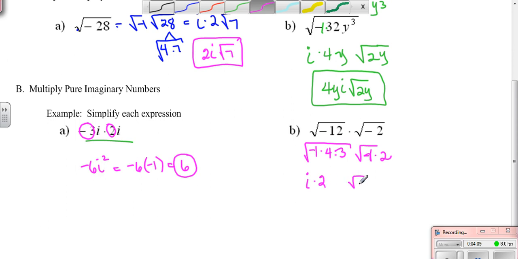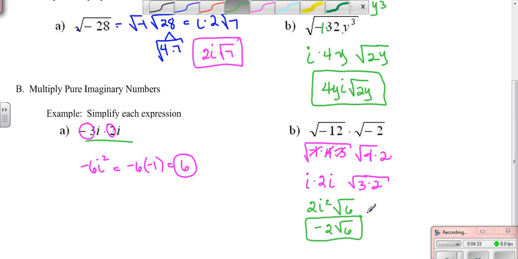The square root of 3 is a leftover. The square root of -1 is i. The square root of 2 is a leftover. So those all go under the radical. When I simplify, I have 2i squared times the square root of 6. Well, i squared is -1, so I have -2 square root of 6. And that is the lowest terms.